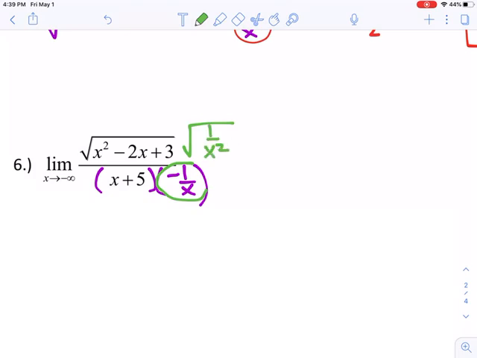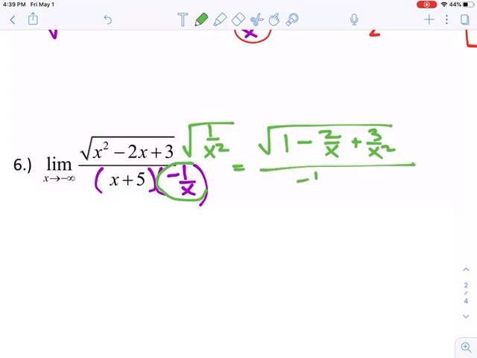Notice I don't have to worry about the negative since my x is being squared. Then I'm going to have in the numerator the square root of 1 minus 2 over x plus 3 over x squared all over negative 1 minus 5 over x.